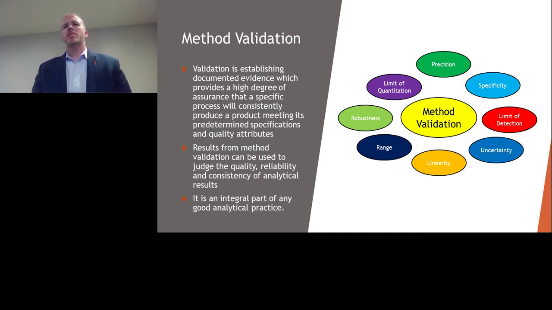So a few of the things that you look at are your limit of detection and your limit of quantification, your precision and accuracy, how robust is your method, and what is your range, how low you can go to how high you can see as far as the amounts within your samples.